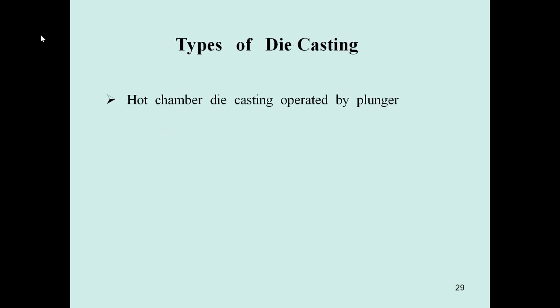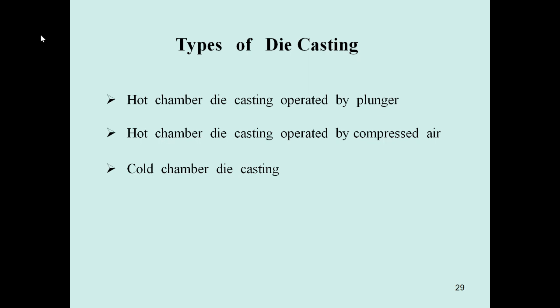So next is types of die castings. What are the different types of die castings? First one is the hot chamber die casting machine, that is, hot chamber machine operated by plunger, and hot chamber machine operated by compressed air.